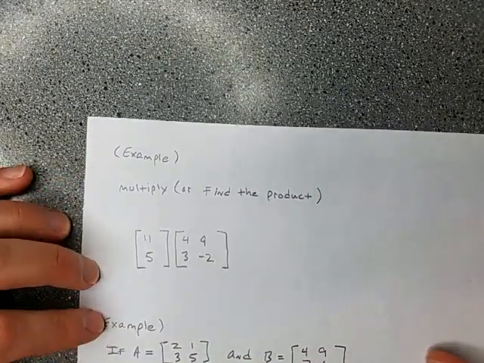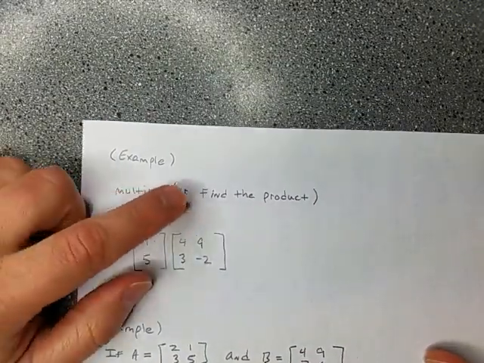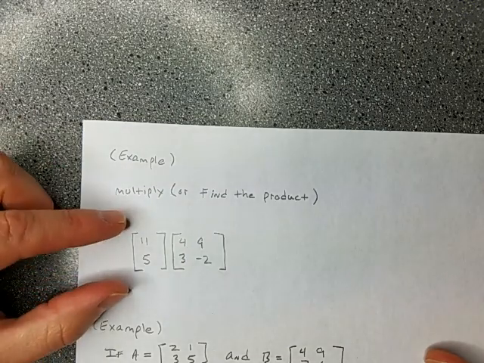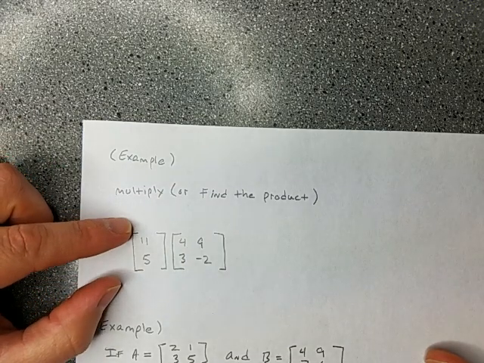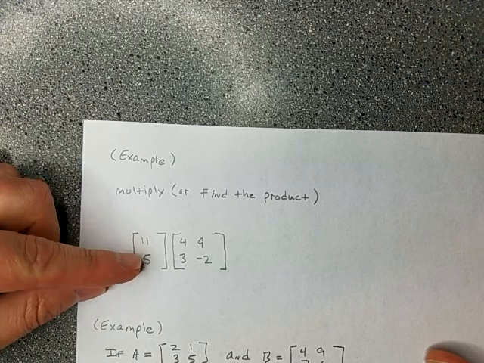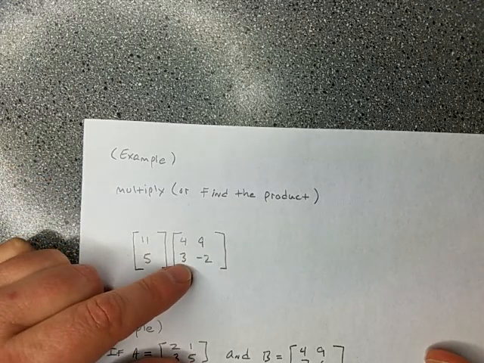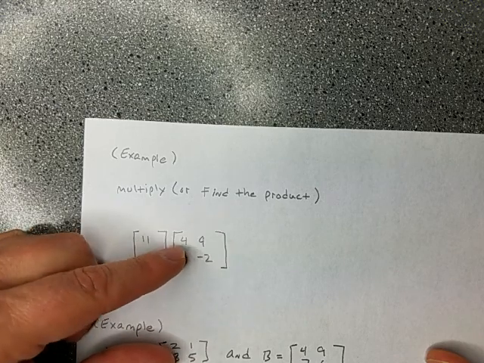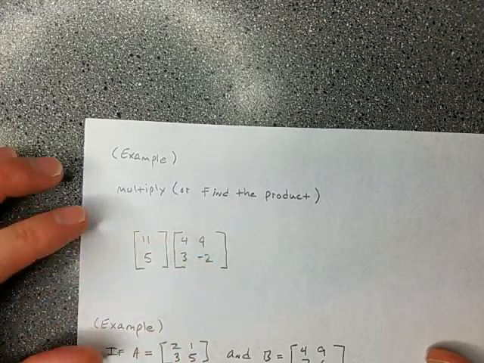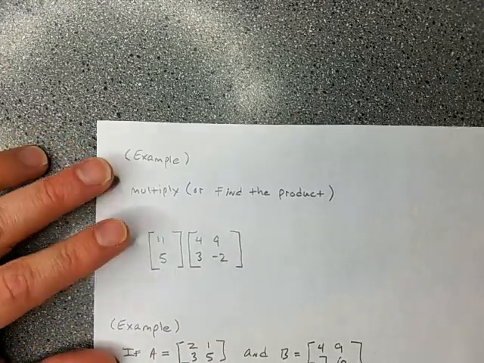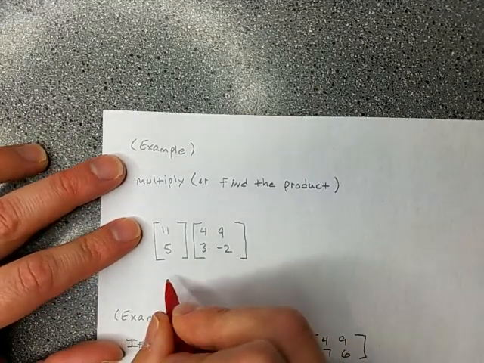So say we have this question. It says multiply, or maybe it would say find the product of this matrix 11, 5, which is 2 rows, 1 column, times this one, 4, 9, 3, -2, which is 2 rows and 2 columns, okay? So what was that rule that I mentioned? What are we doing here?